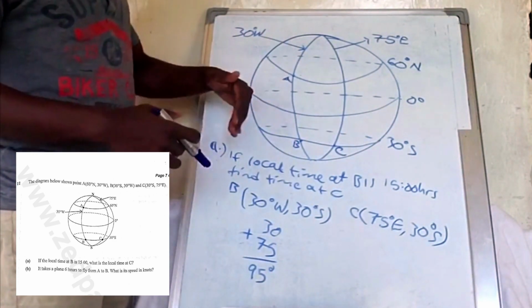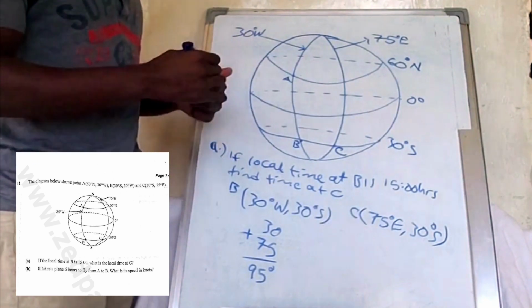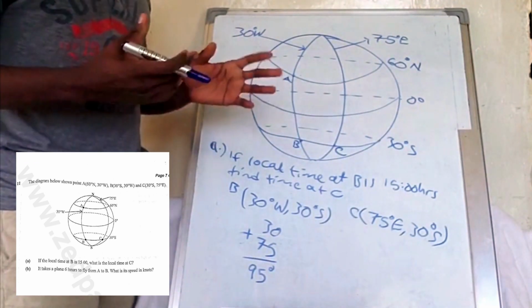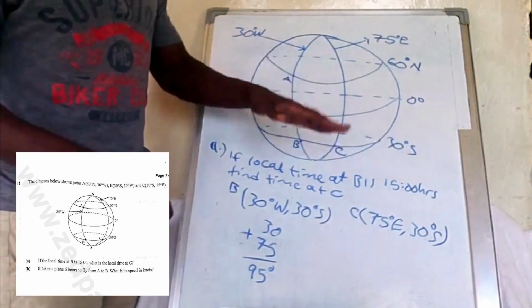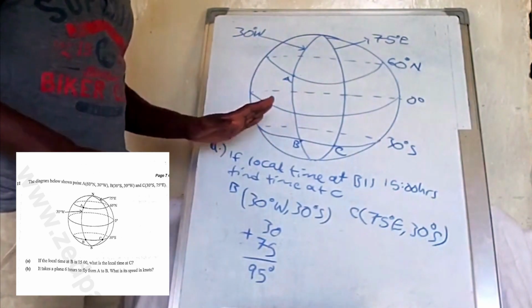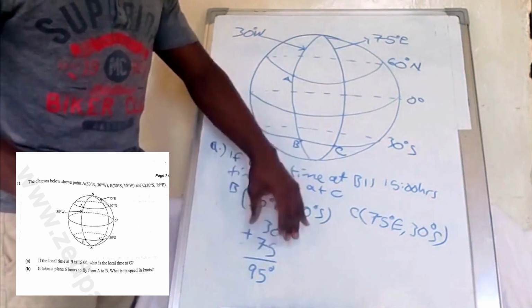We need to remember that for every 15 degrees moved, we have 1 hour either added or subtracted. In this case, since we're moving in this direction, 1 hour is added. So we need to find how many 15 degrees are in this 95.